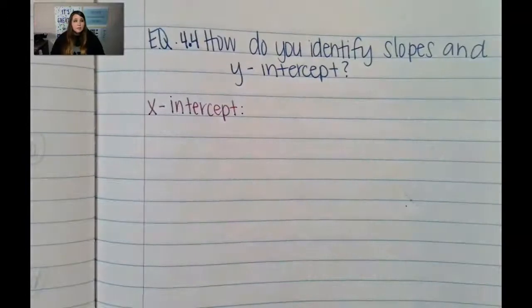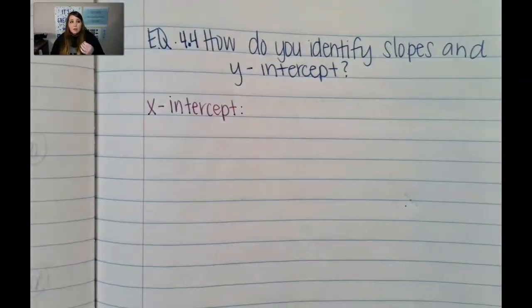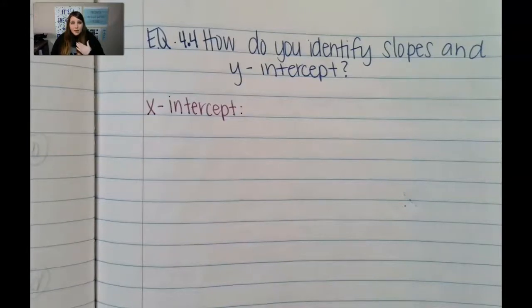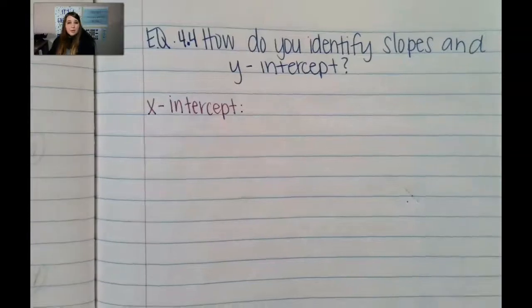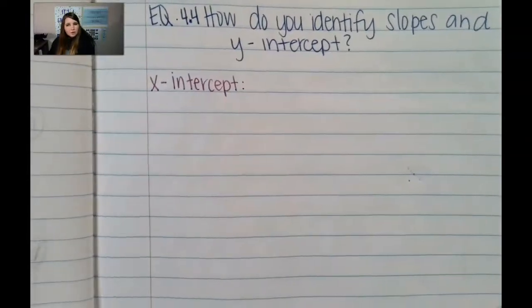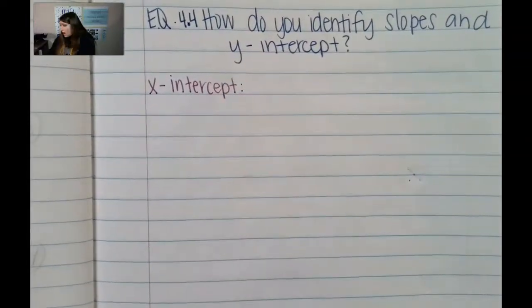The x-intercept is when the line crosses the x-axis through a point. So you have your grid, and it's wherever the line will cross the x-axis.